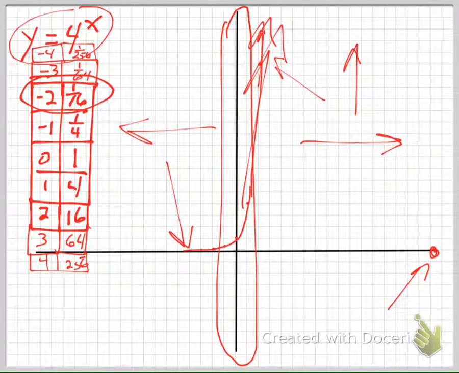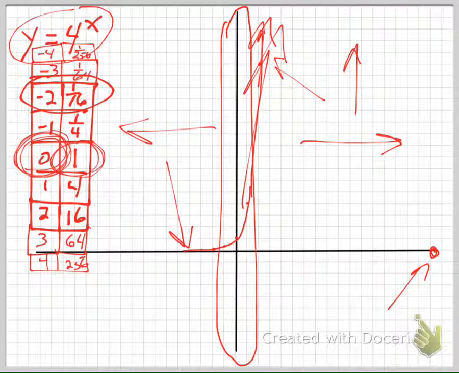X doesn't equal 4. Right. When x was 0, what was y? Right. That's the y-intercept. Isn't it? Right?